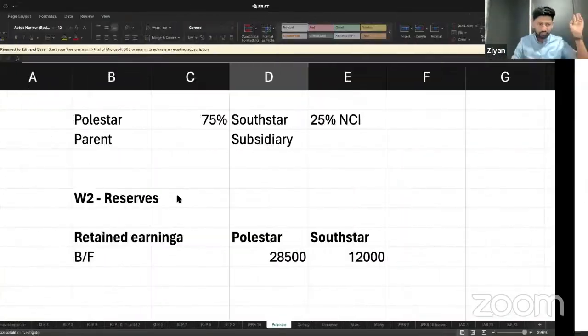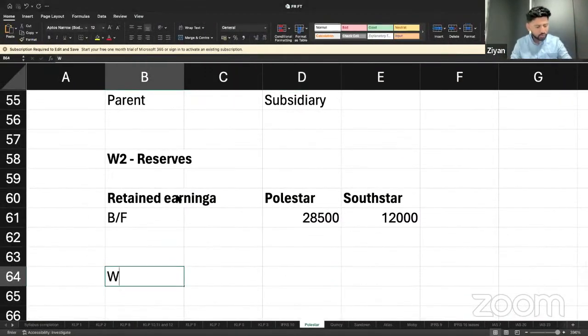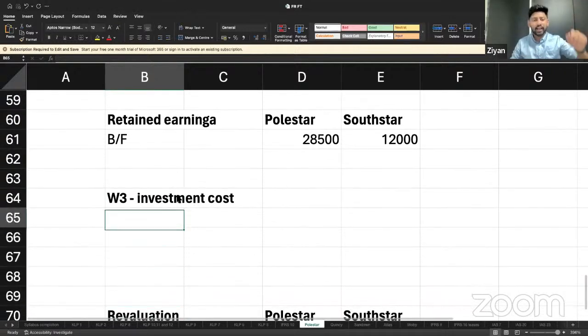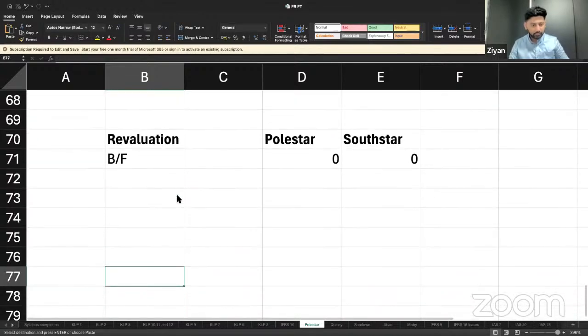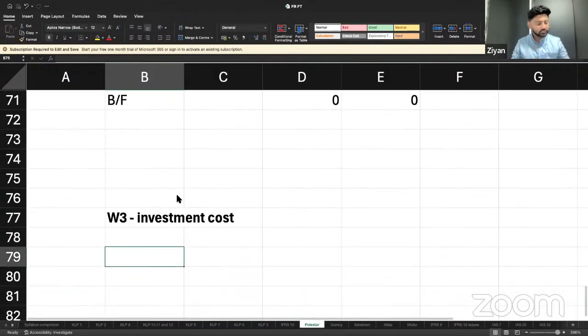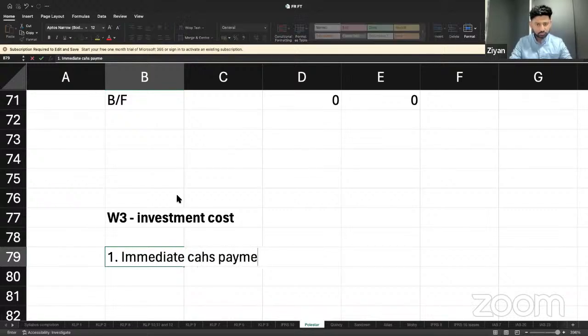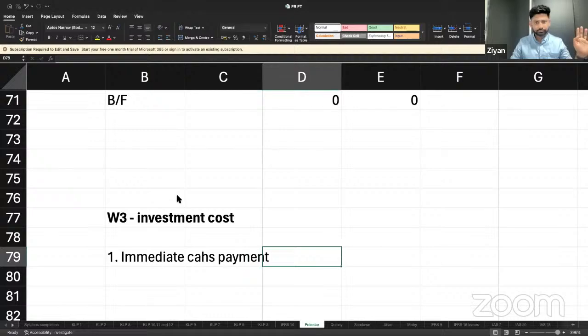Investment cost. So forget about everything. In the revision class, we spoke about investment cost. When an entity acquires another entity, how many investment costs can you have? 3. And what is this? The first, what is it? Immediate cash payment. There you go.